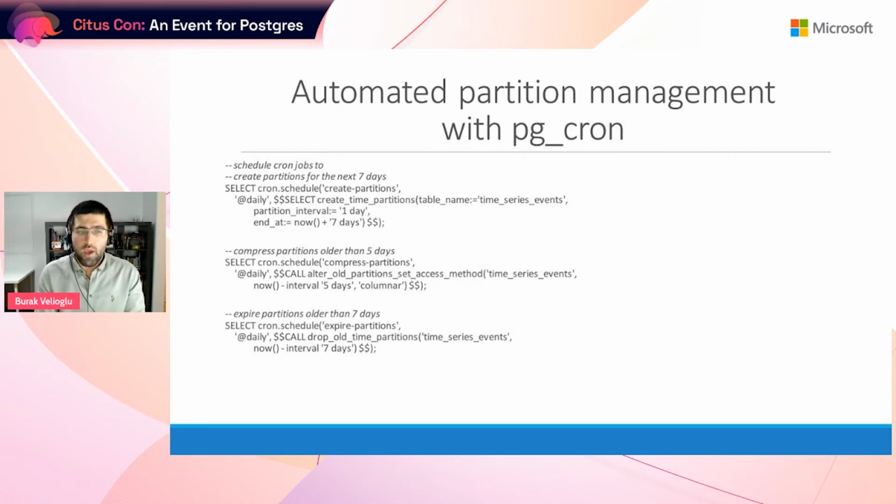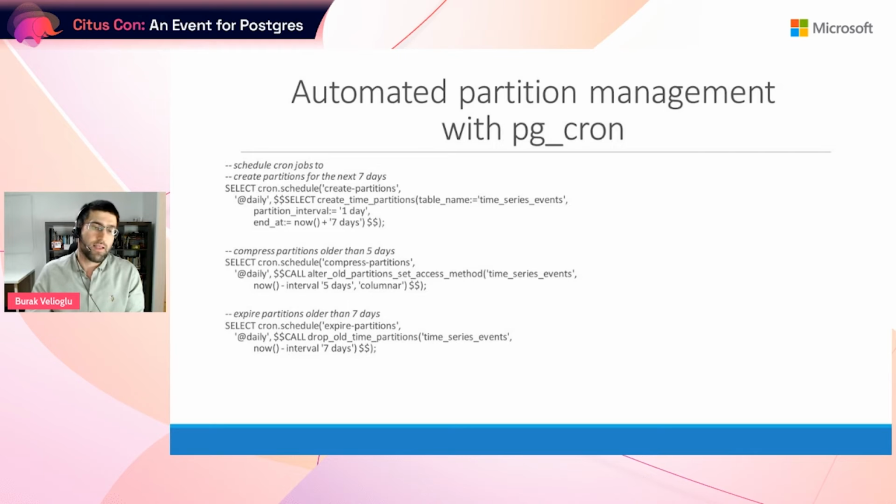And if you want to expire partitions older than some given days, I have provided 7 days here, but if you have another rule for your workload, you can change it to 30 days, 3 months, whatever you want. And you can again schedule that job to drop the old partitions older than a given time, because those functions accept the column as a timestamp.